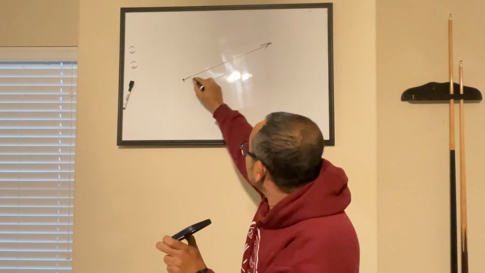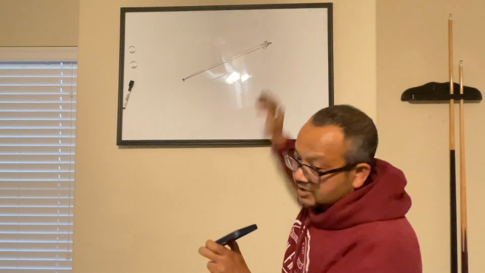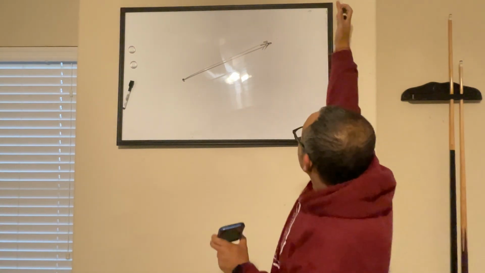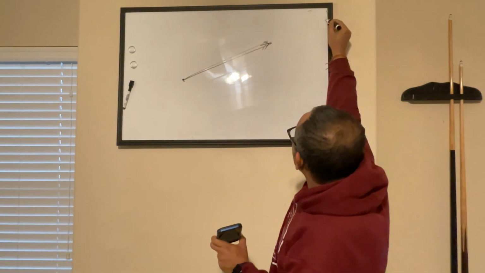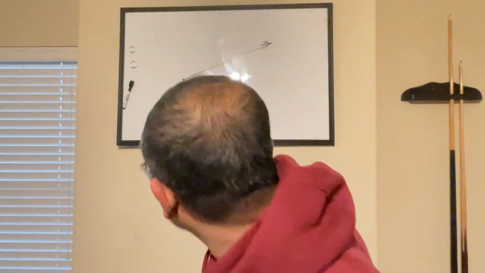It's just a starting point, and then you have an arrow in the other direction. It can go as far as the space permits. Since my board is ending here, it will go up to here. But if the board was bigger, it could have gone further also. This is called a ray. This is the first thing in geometry.